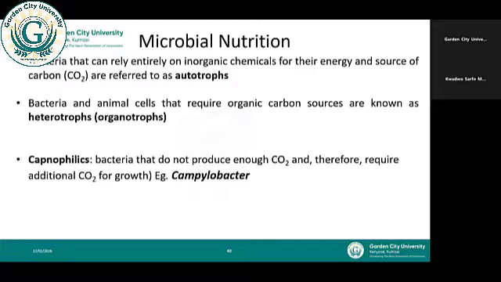Or you can use commercial carbon dioxide so that you enhance the growth of these capnophiles, such as Campylobacter. The Campylobacter causes dysentery, and you can have diarrhea caused by Campylobacter.